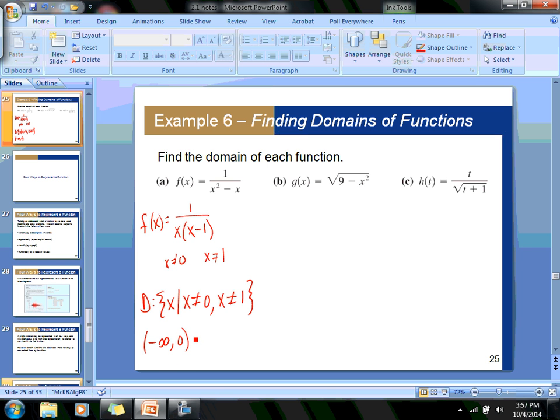And I would also want to have an interval from 0 to 1, not including 0 or 1, but I have to have all the numbers between them. And then I'd also have to have everything from 1 on to positive infinity. So that would be how you would have to write it in interval notation.